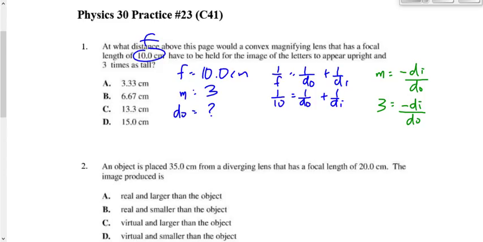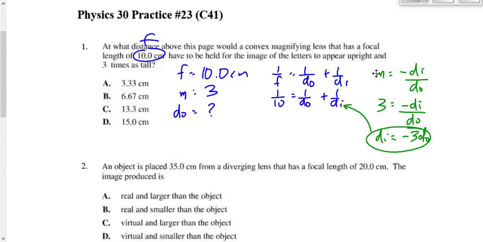I've got 2 equations here, and I've got the same 2 unknowns in both of those equations. What I'm going to do here is say di is equal to negative 3 do. And then I'm going to take this value of di and sub it into here.